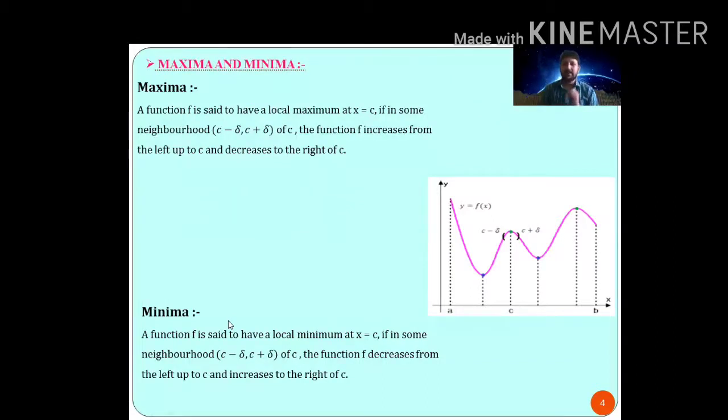To determine maxima and minima, we have to use the concept of derivatives. This is part of the application of derivatives. So we determine the maximum or minimum values of function f(x).